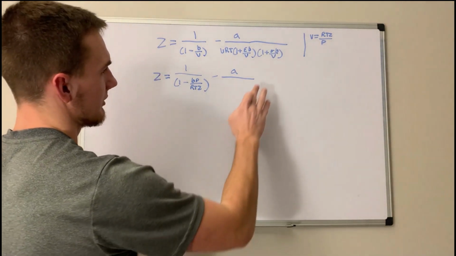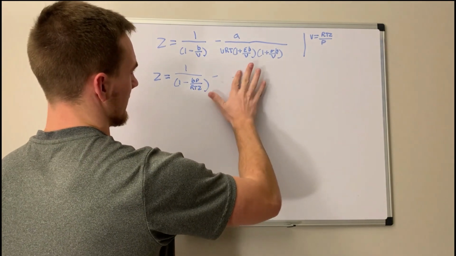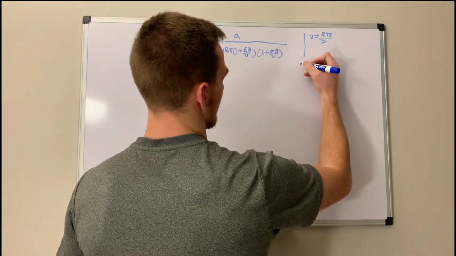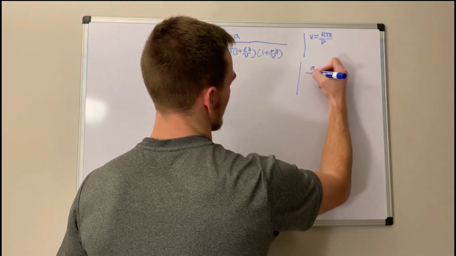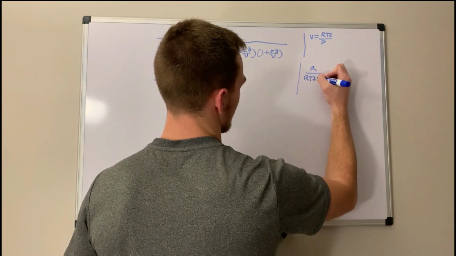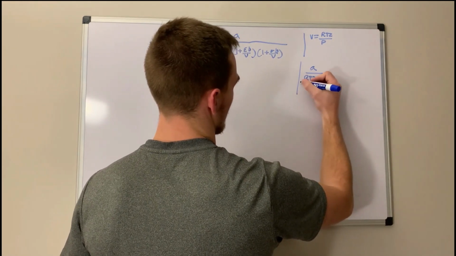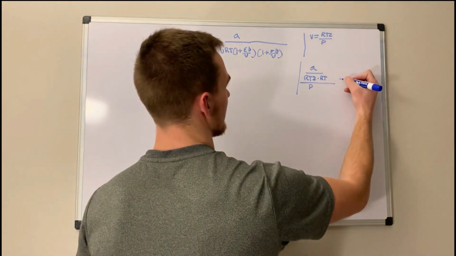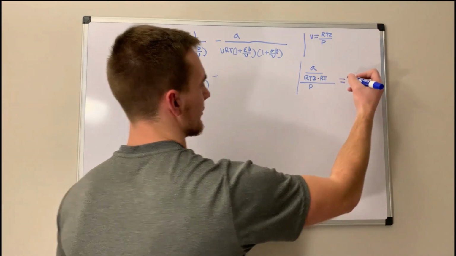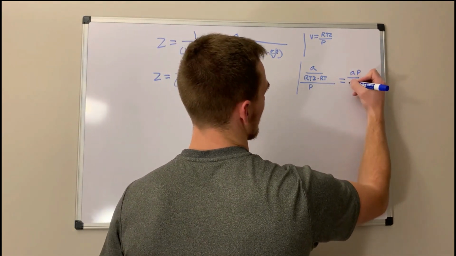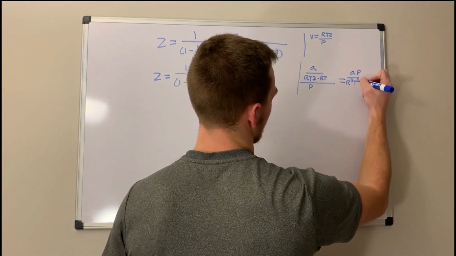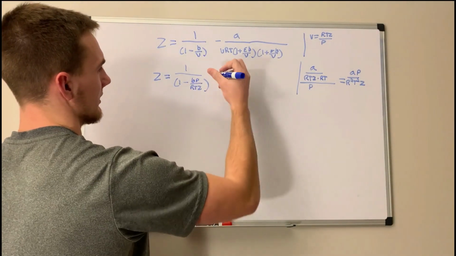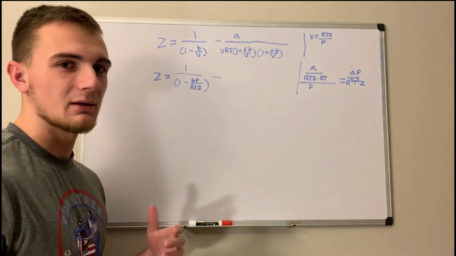And actually what we can do here, this first term, we can look at these two terms here, this A over VRT. So this will have A over RTZ times RT, and this will be divided by P. So what we can do here is simplify this, and we will end up with AP over R squared T squared times Z. Okay, so we can go ahead and put this on the top of this fraction.